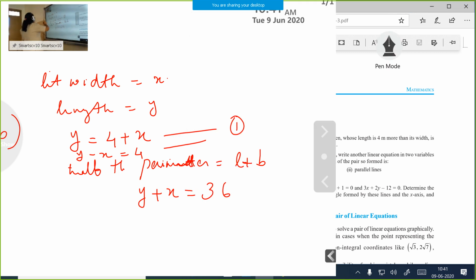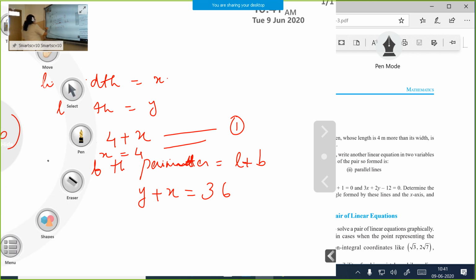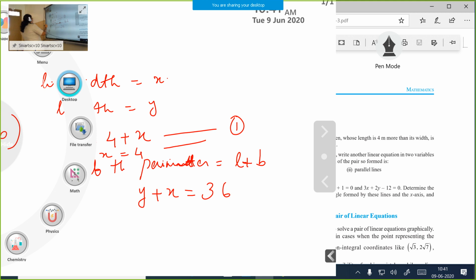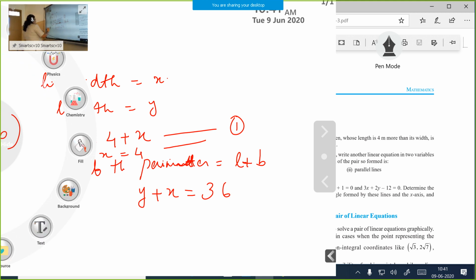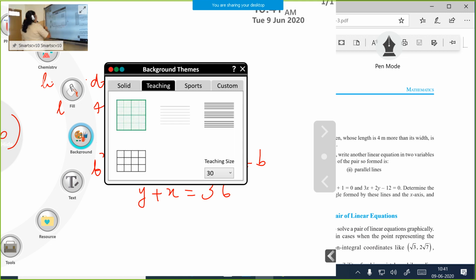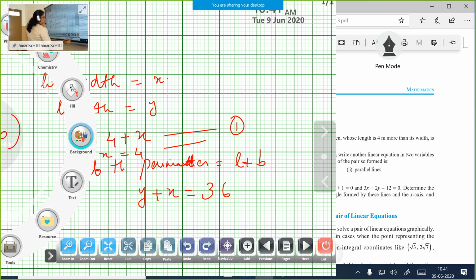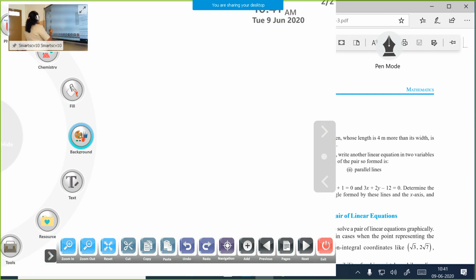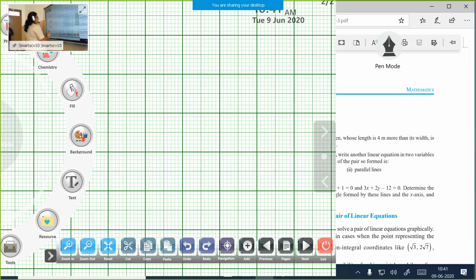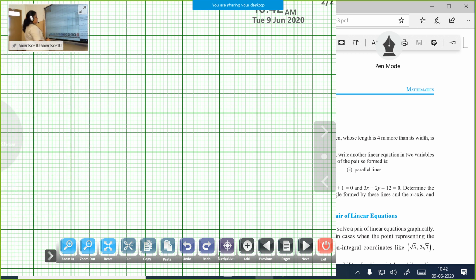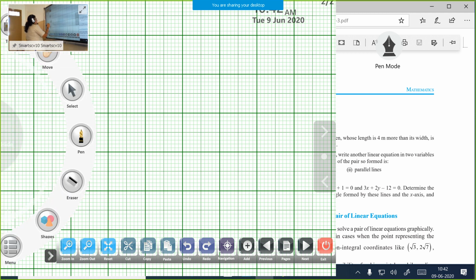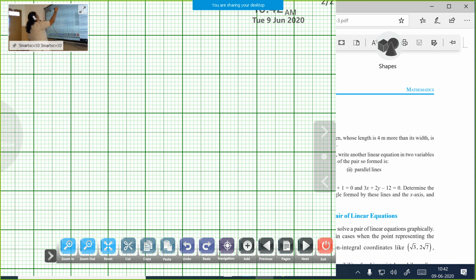Okay, take the graph book and draw the graph.